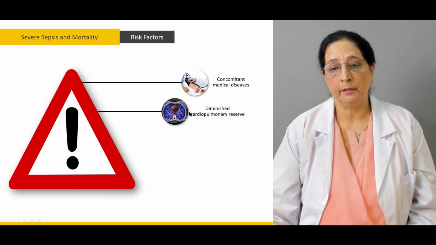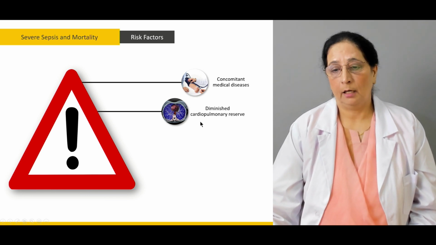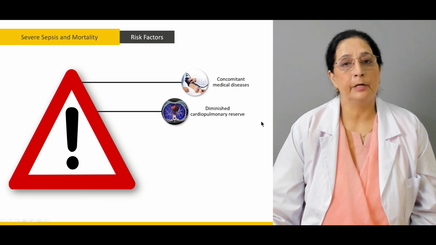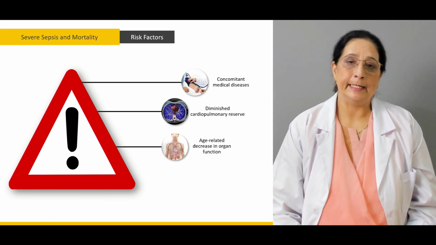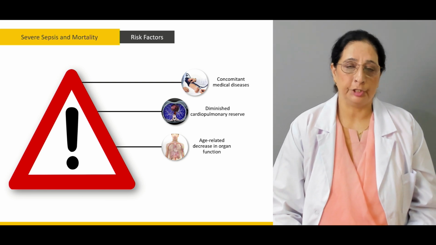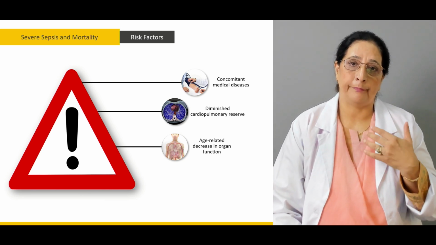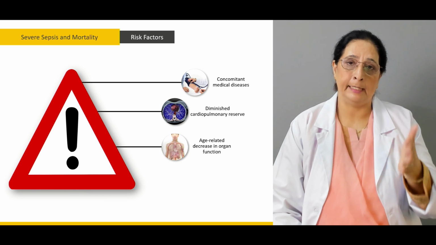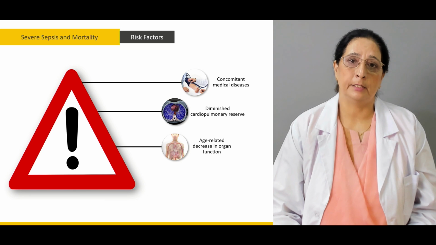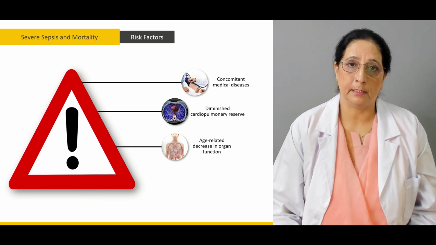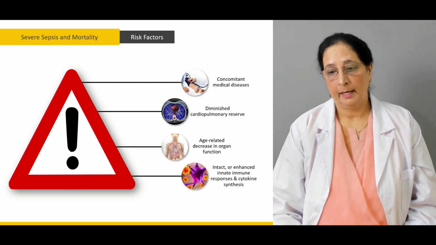Any condition like diminished cardiopulmonary reserve, age-related decrease in organ function. Some organs are affected with age. So if that is the case, then there is a chance of severe sepsis and mortality.